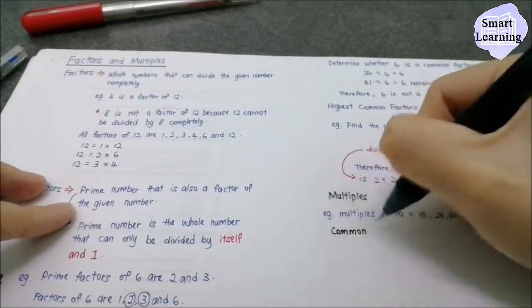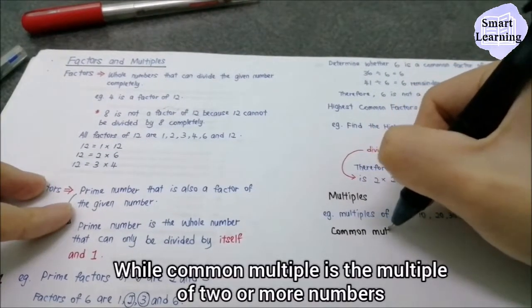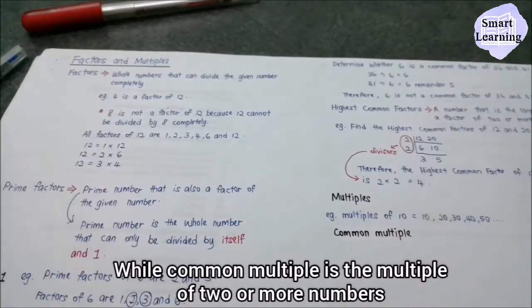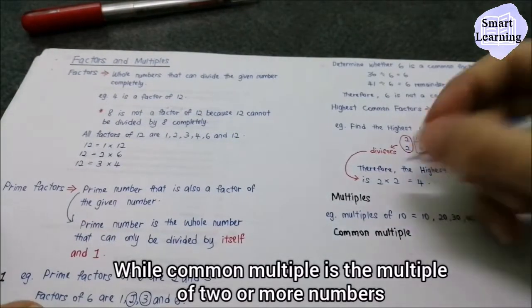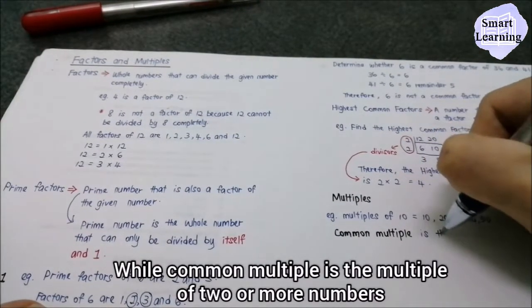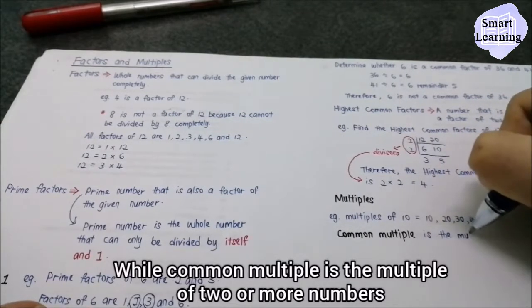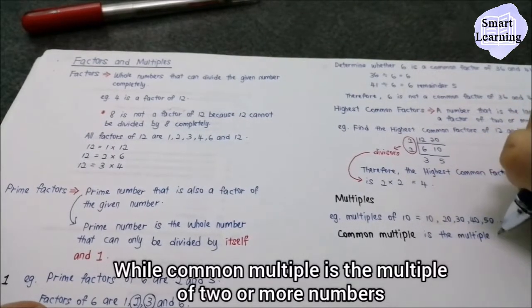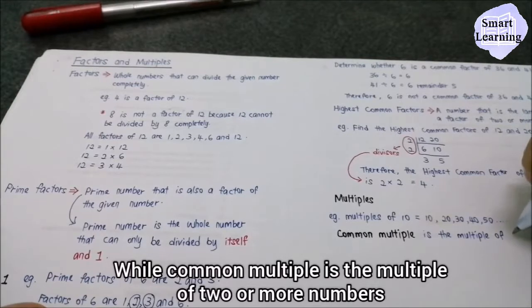While common multiples are the multiples of 2 or more numbers.